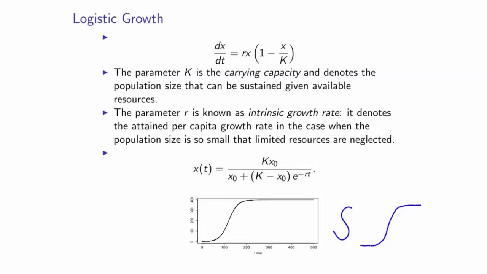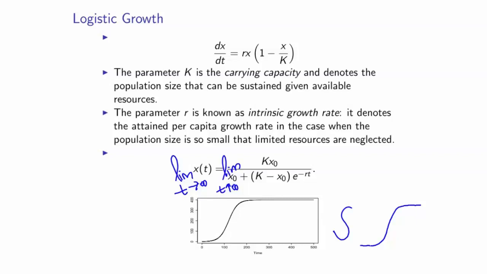One of the important things that is easy to see here is that if you take the limit as t goes to infinity of this expression, the only part of this ratio that has t in it is the exponential, e to the minus rt.